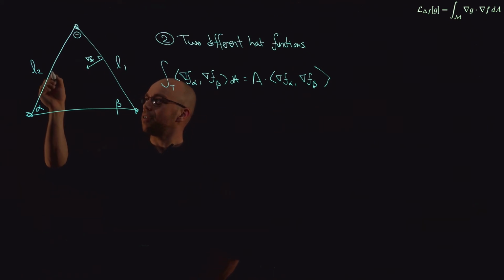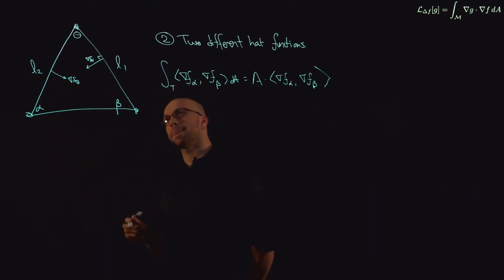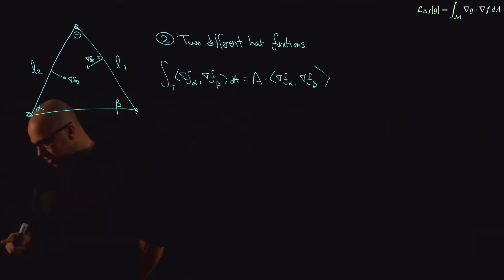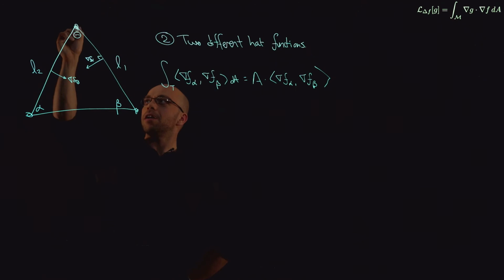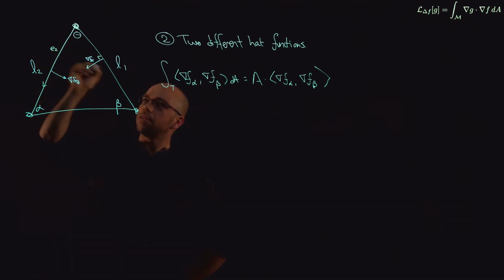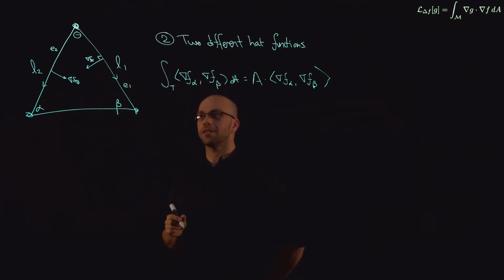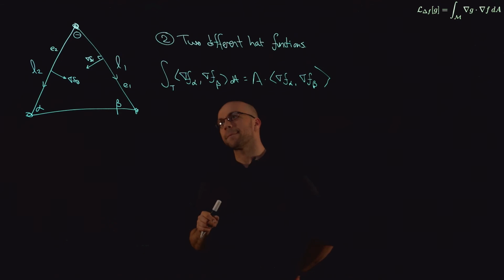And similarly here, this is the gradient of F beta, like that. Okay, so in particular, let's take edges that are coming out of our upper vertex. We'll call this edge E2 and this edge E1. And these are just vectors that point out like that.